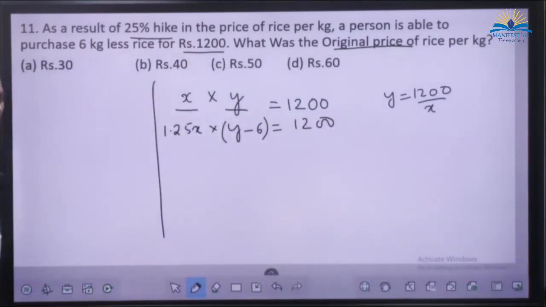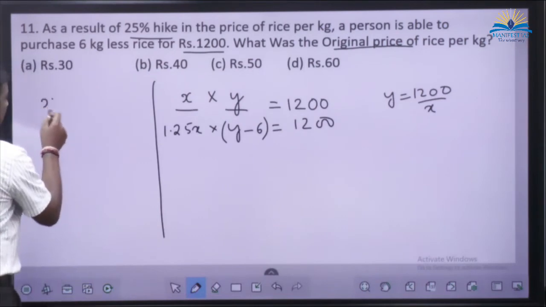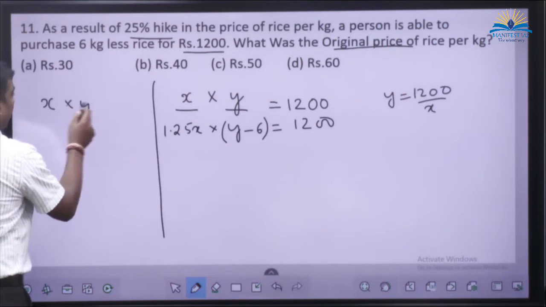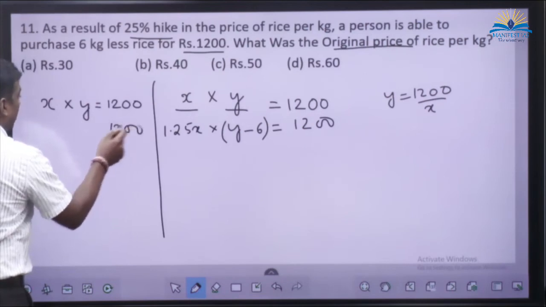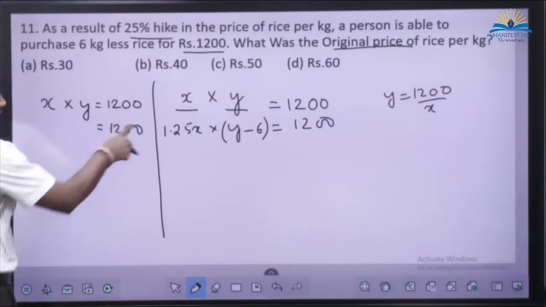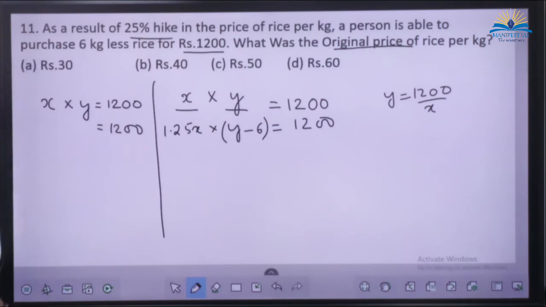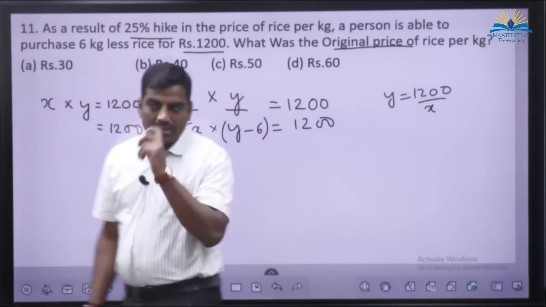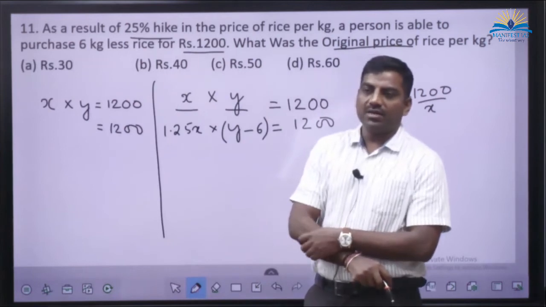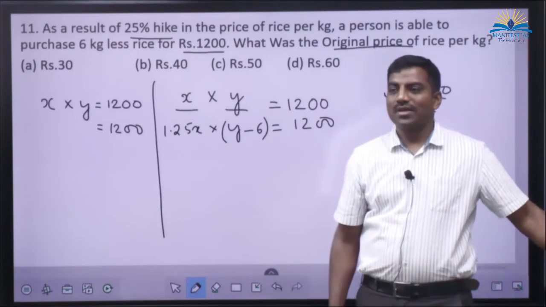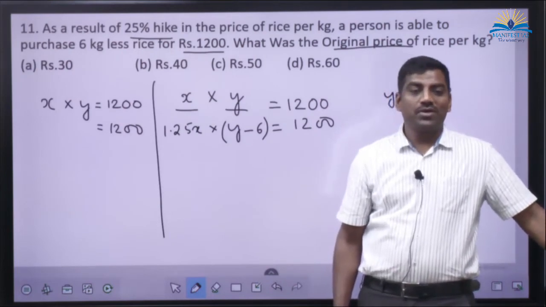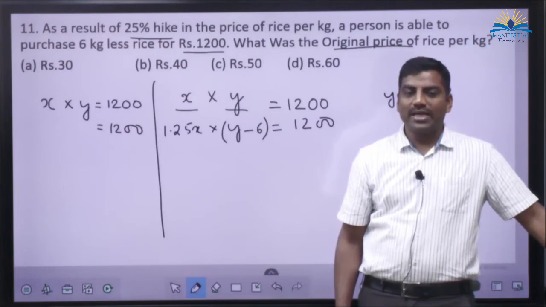I'll tell you one simple way of doing it. Earlier, the budget X into Y is equal to 1200, right? Now also the budget is 1200. Instead of 1.25, how do you express 1.25 in terms of a fraction? 125 by 100.